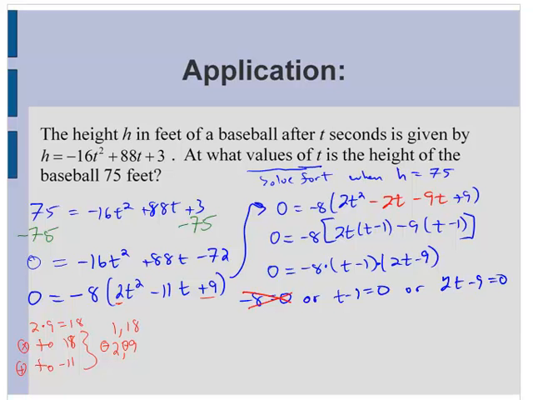Now negative 8 can never equal 0, so let's throw that one away. T minus 1 equals 0 when t equals 1. 2t minus 9 equals 0, adding 9 dividing by 2, when t equals 9 over 2. So we have the values of t.